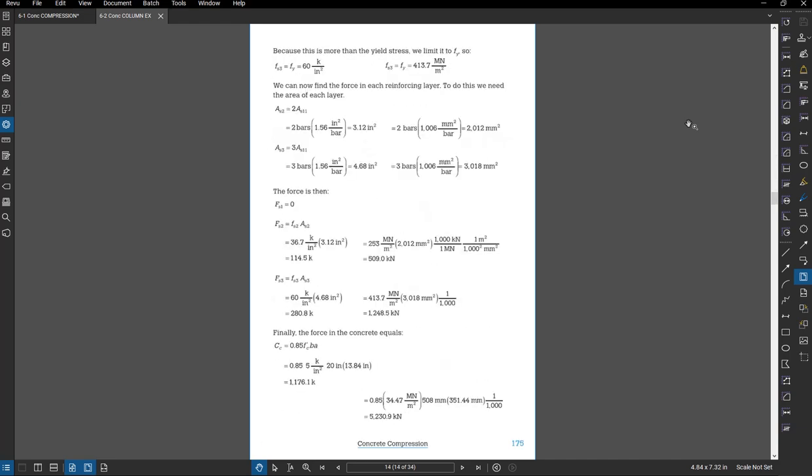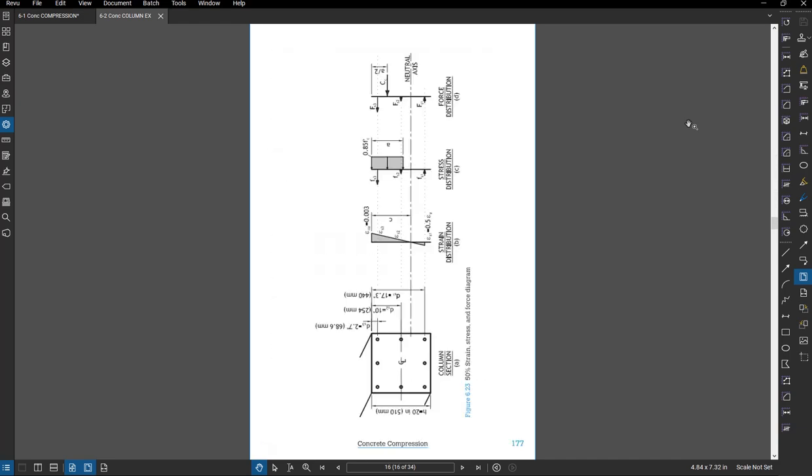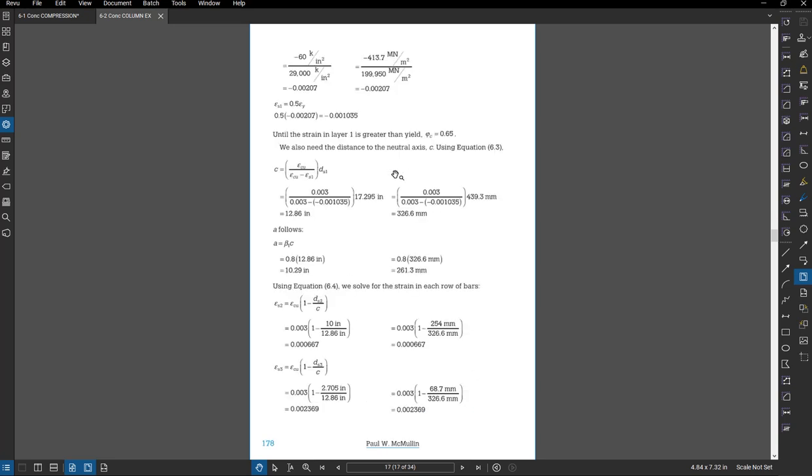There are some strain distributions, hopefully super clear for you. It's in both metric and English, so if you don't want to do the metric, just ignore the stuff on the side. If you want to do metric, ignore the stuff on the left.